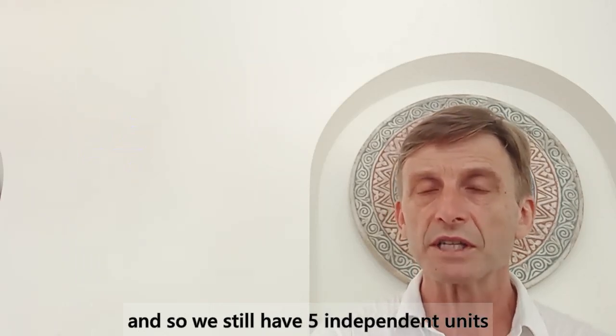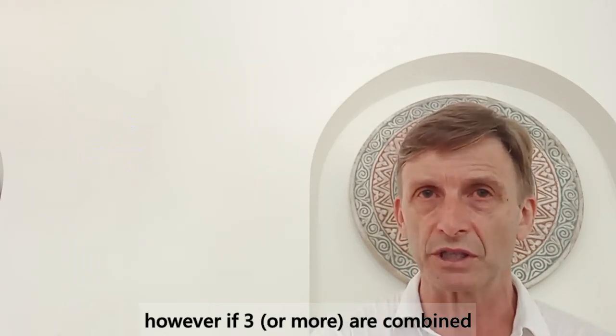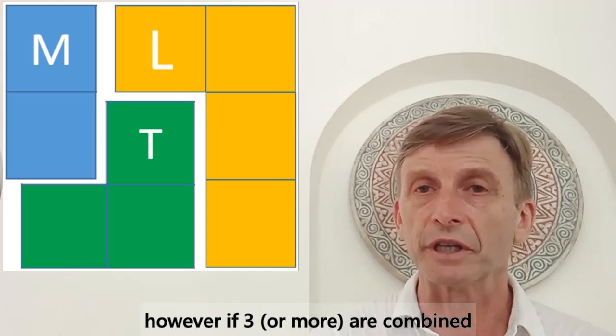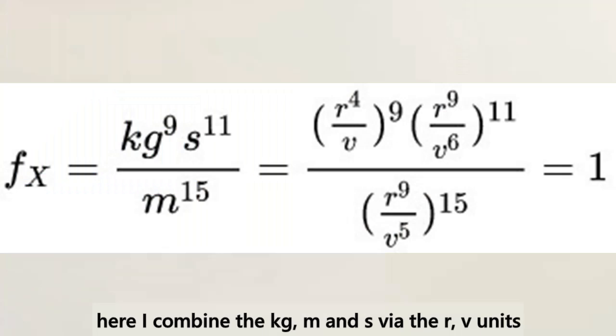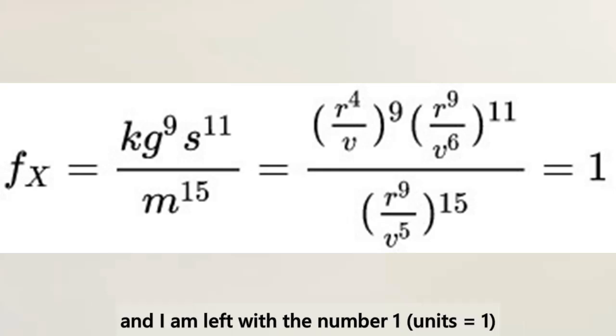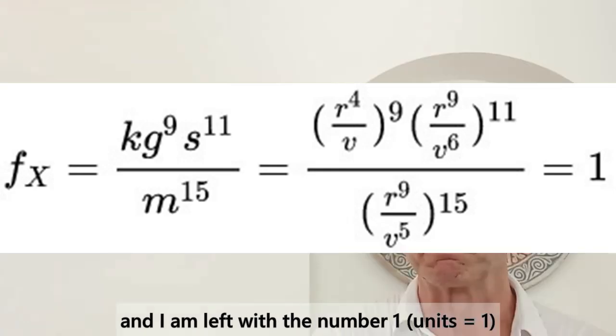And so we still have 5 independent units. However, if 3 or more are combined, then we can cancel. Here I combine the kilogram, meter, and second via the RV units, whereby they can cancel, and I'm left with the number 1. Units equals 1.